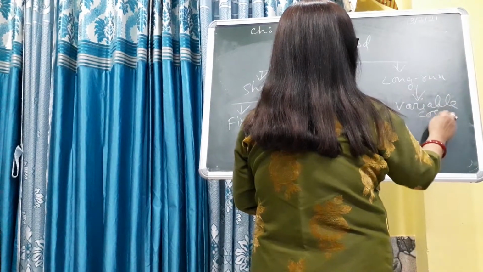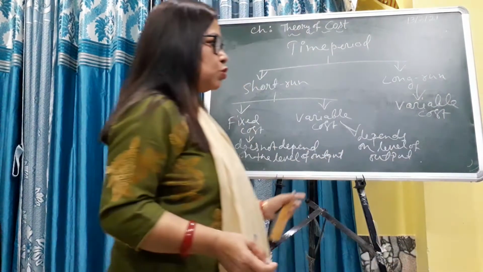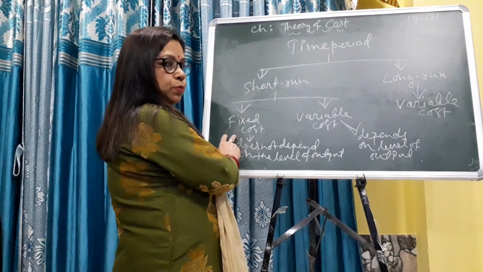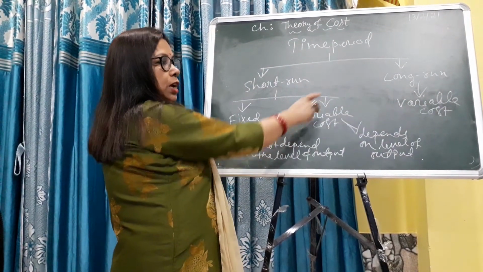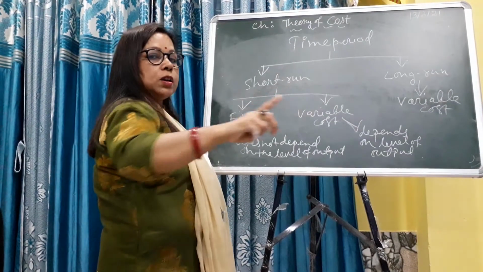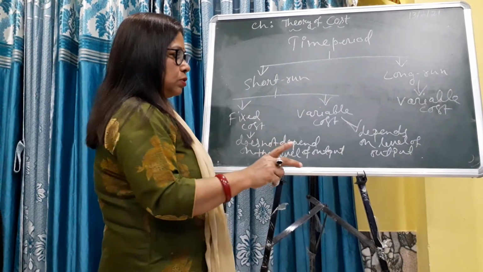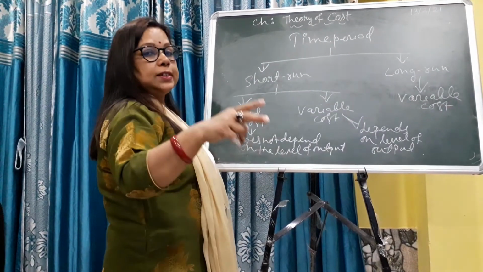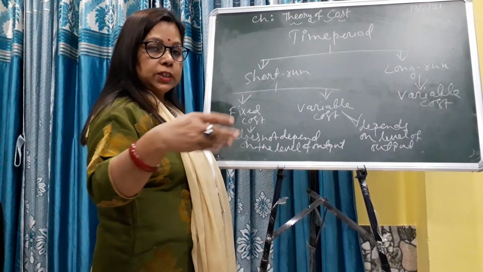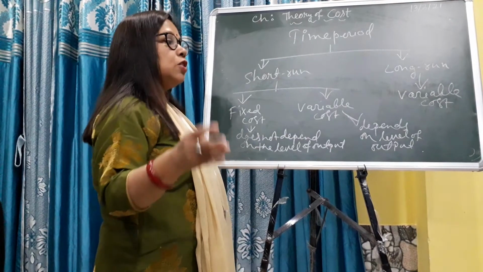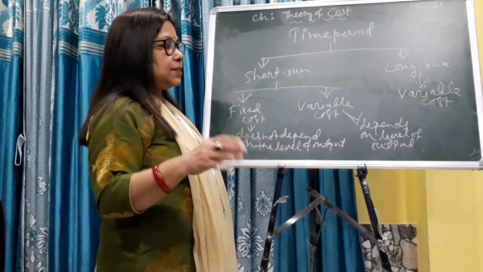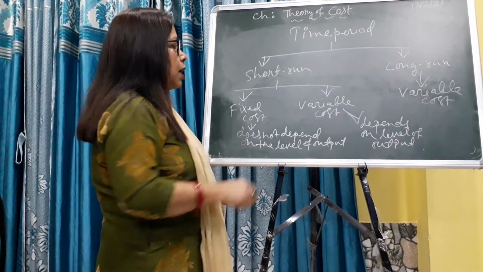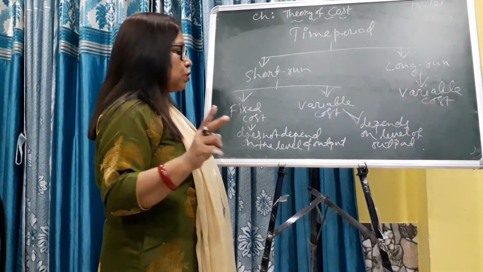Short run has two types of cost, fixed cost and variable cost, but long run has only variable cost, because when the size of output changes, the size of land changes and the cost also changes.